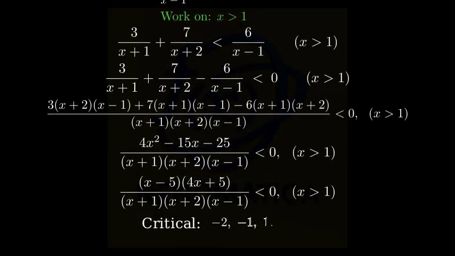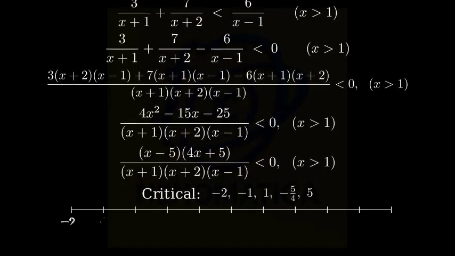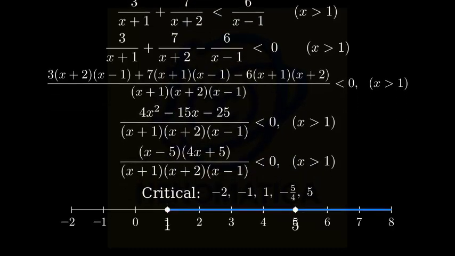So the critical points are -2, -1, 1, -5/4, and 5. Our domain says x is greater than 1, so only 1 and 5 matter for the sign chart we actually use. Let us build a compact sign chart focused on the domain x greater than 1. We test a point between 1 and 5, say x equals 2.